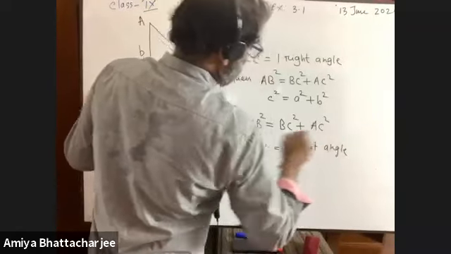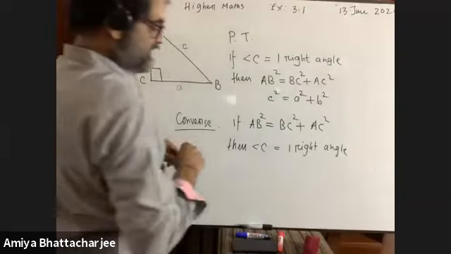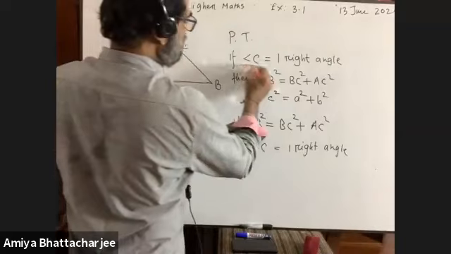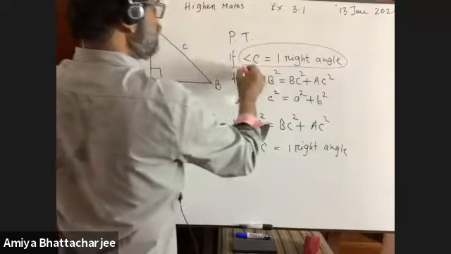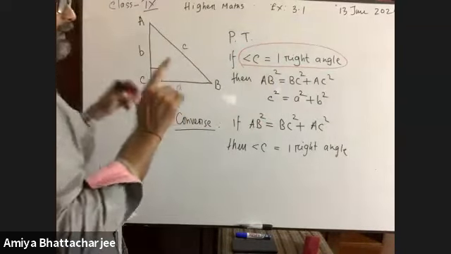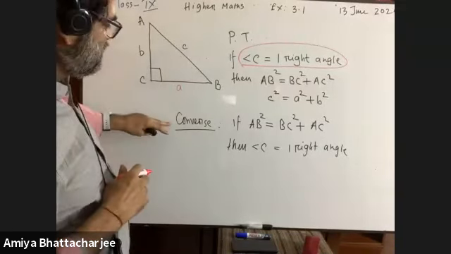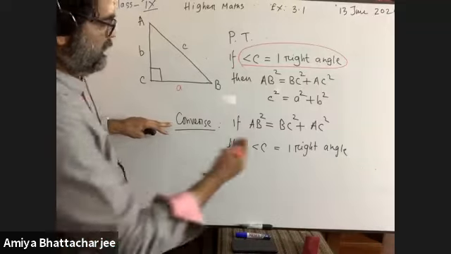You please try to understand. That is vice versa. For this, it is called converse. Here, it is given angle C equals to one right angle is given here. But in the converse theorem of the Pythagoras theorem, it is to prove.